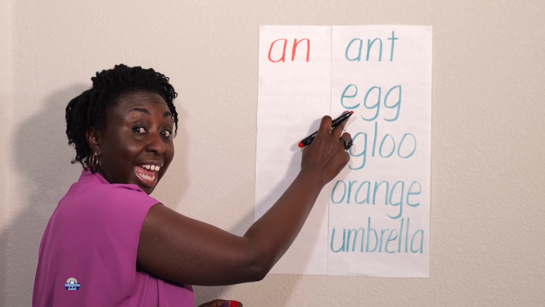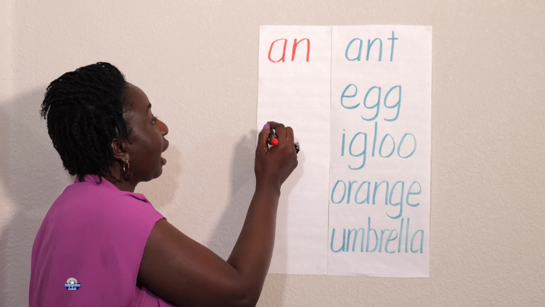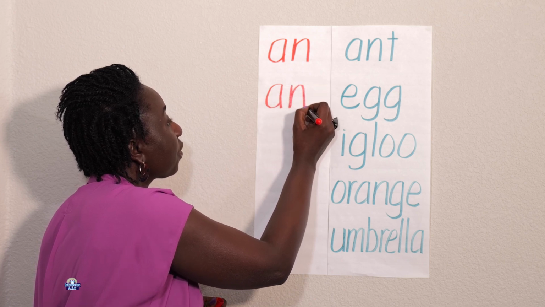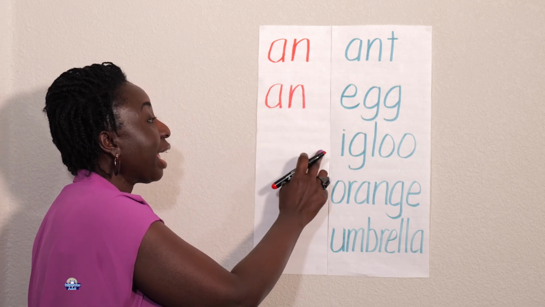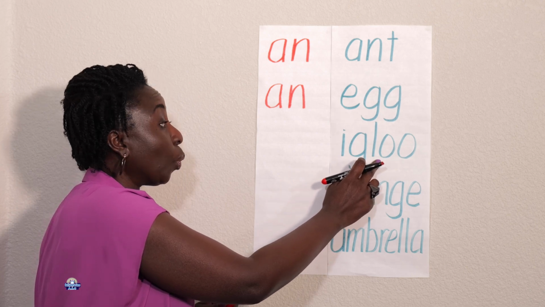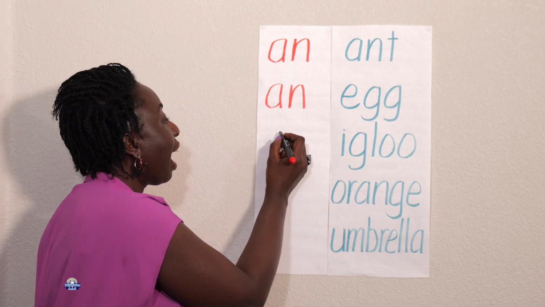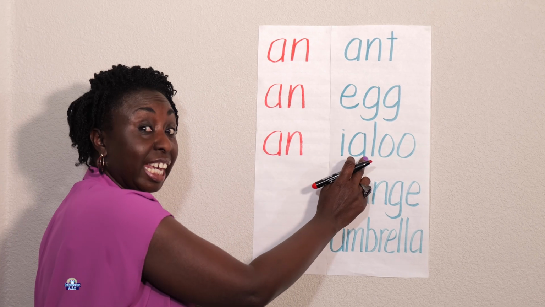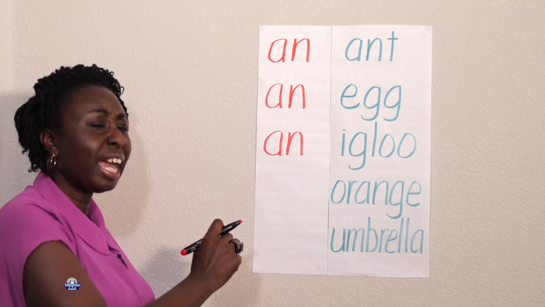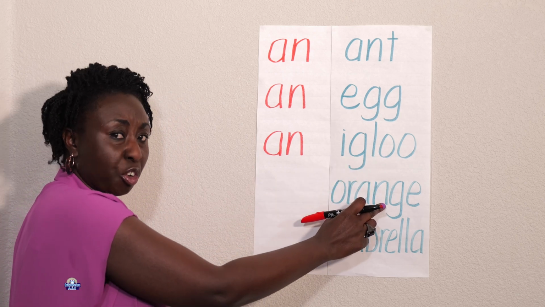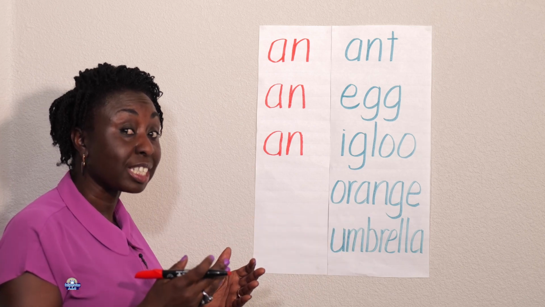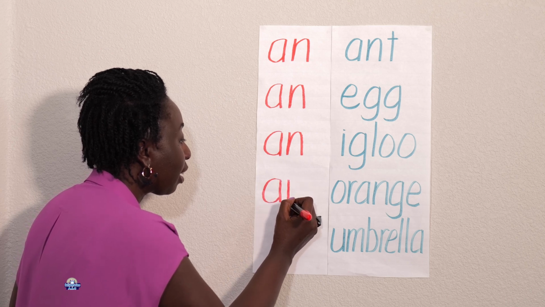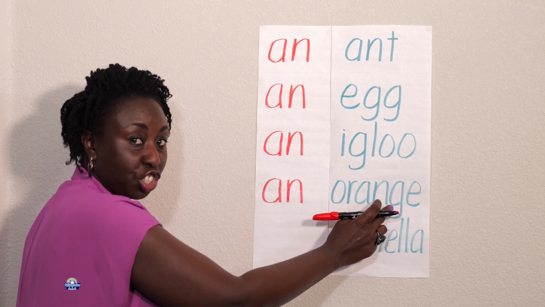Here we have egg. So we will say an egg. We have the word igloo. So we will say an igloo. Here we have the word orange. So we will say an orange.